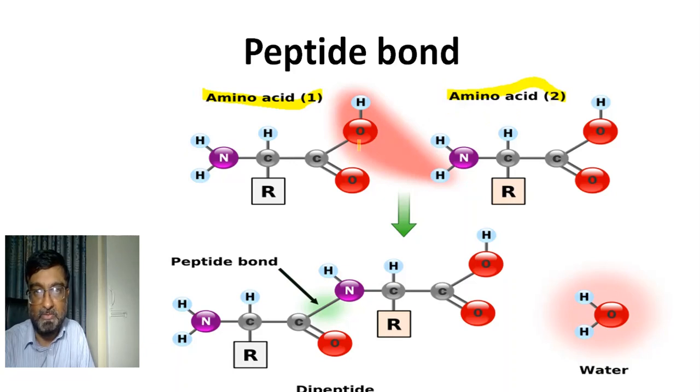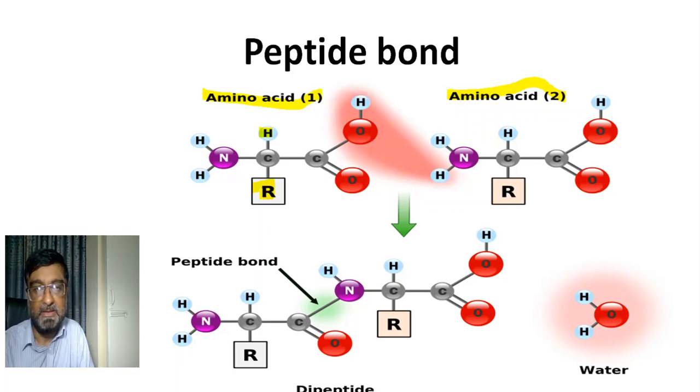On one end, this is the central carbon that can be joined with 4 items: COOH on one side, NH2 on another side, H on the third side, and on the fourth side, the R, which may be variable in different amino acids.